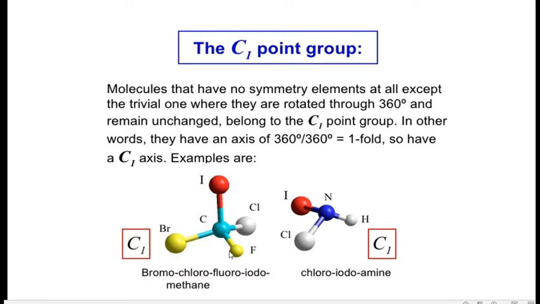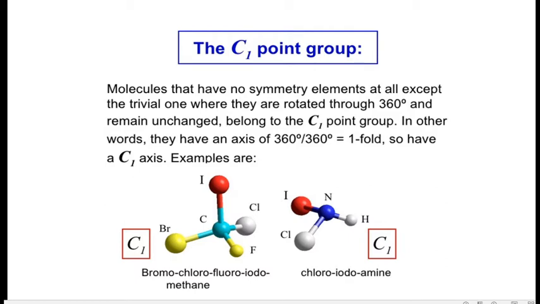Here the molecule has only the identity E. If we rotate the molecule about 360 degrees, it looks like the original molecule, that is identity E only. It does not have any axis of symmetry or plane of symmetry, so all of the symmetry elements are absent.